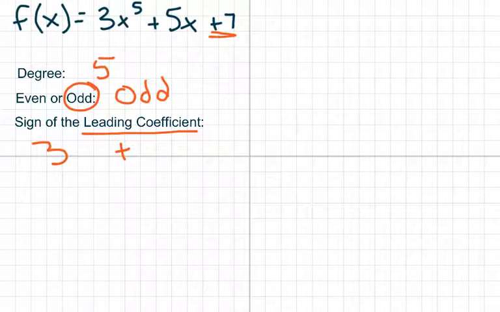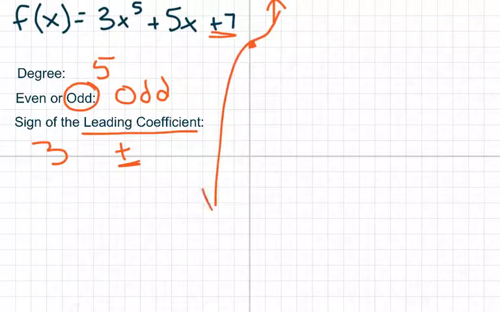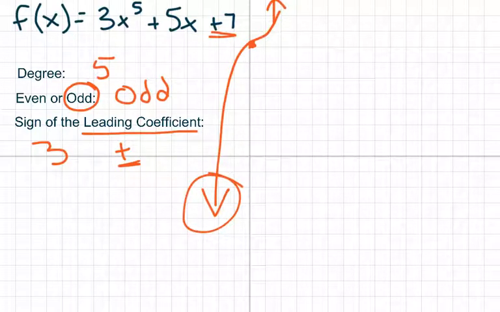It's a cubic curve, and the right side is going to be going up, and the left side is going to be going down. Now this may not be exactly what this graph looks like, but what I do know is this is what the end behavior looks like. Okay? That's what we can do with even and odd degrees of polynomials.